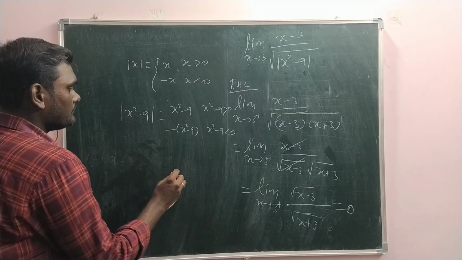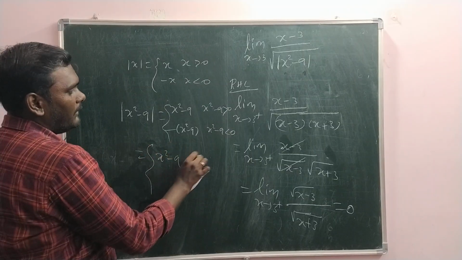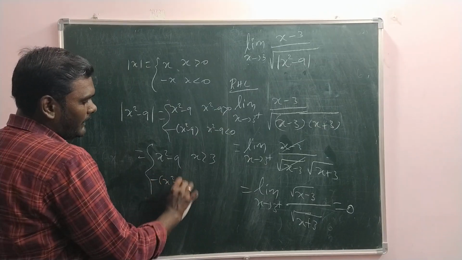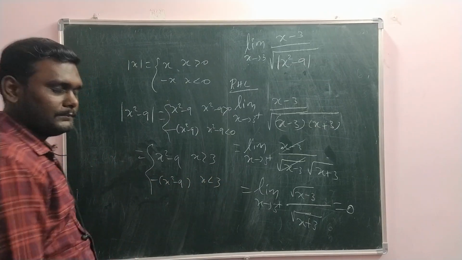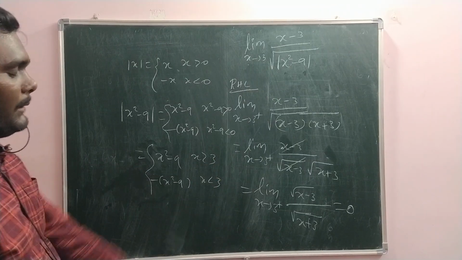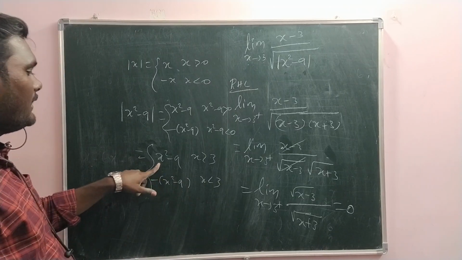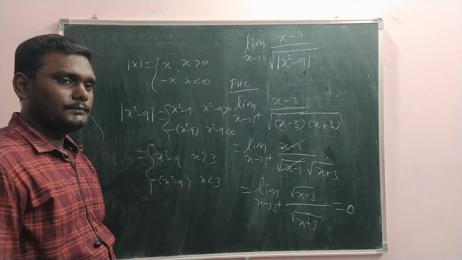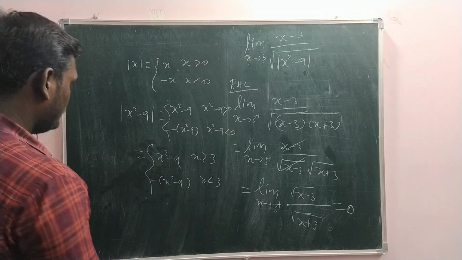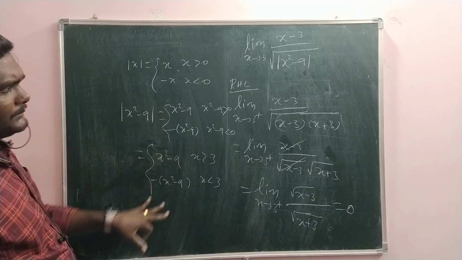That means it is positive x square minus 9 when x is greater than 3, minus of x square minus 9 when x is less than 3. Okay, that is why we are calculating 3 plus and 3 minus. 3 plus is 0, because 3 plus means we will be getting this answer inside the square root. Okay, 3 minus we will check.